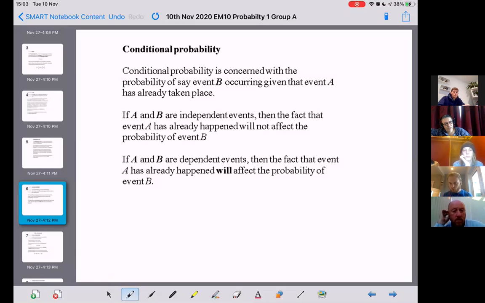So if A and B are independent events, then the fact that event A has already happened will not affect the probability of event B. If A and B are dependent events, then the fact that event A has already happened will affect the probability of event B. So whether there's a conditional probability depends on whether you have independent or dependent results.